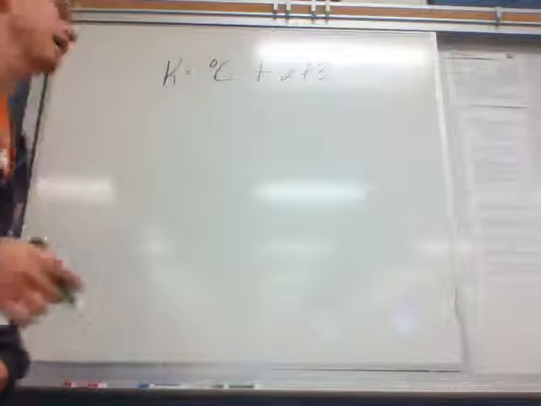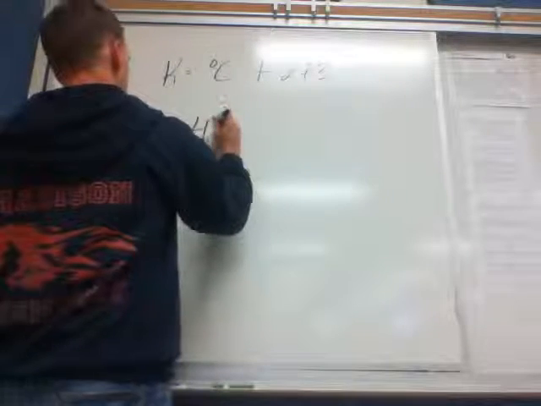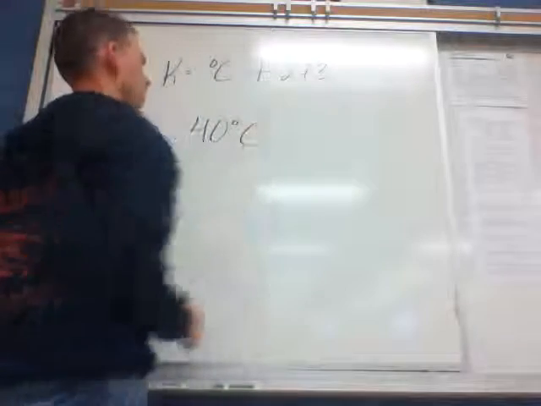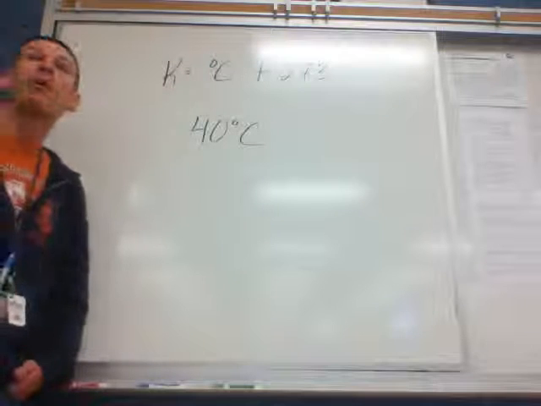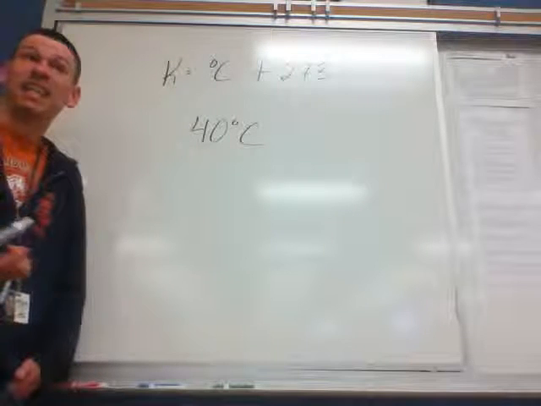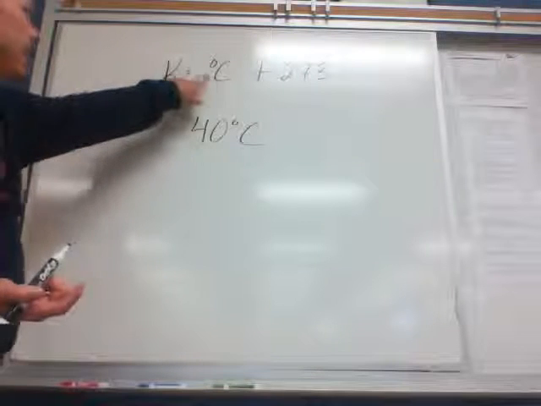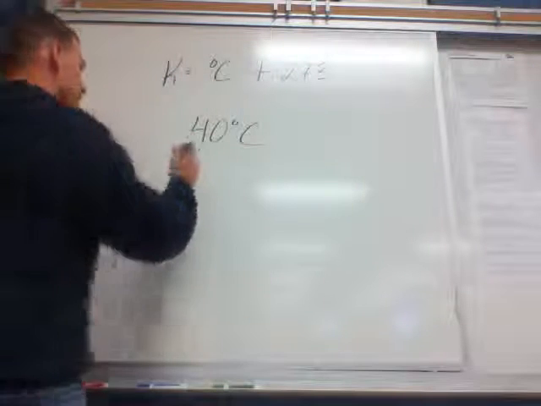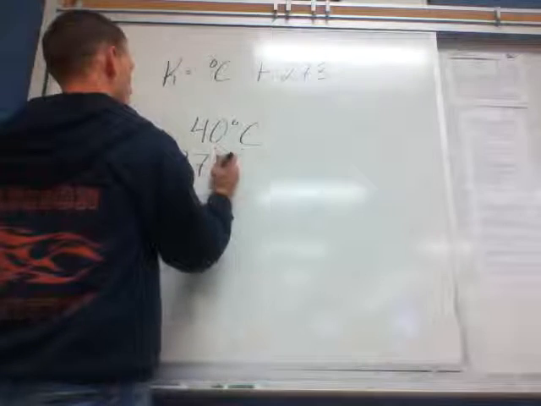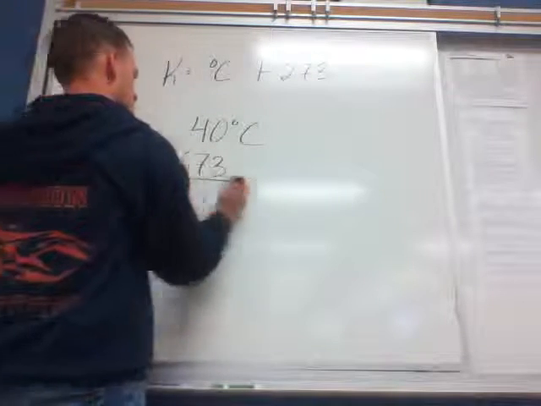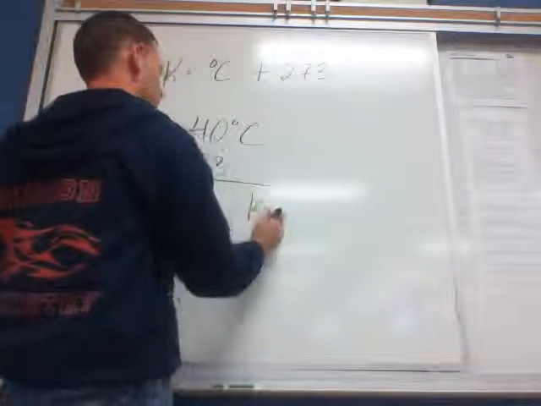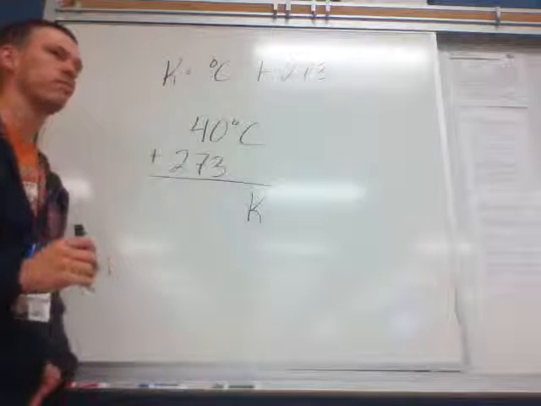So if right now I said it's 40 degrees Celsius outside, and I want to know, well, what is that number in Kelvin? In order to find Kelvin, I take that number of Celsius and I add 273 to it. And that will give me a Kelvin reading.